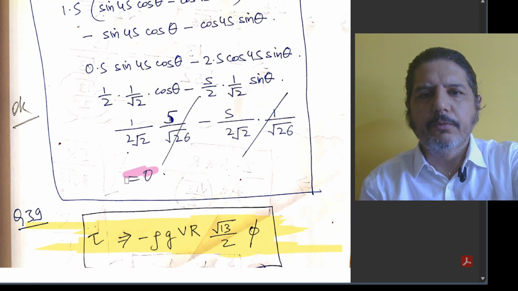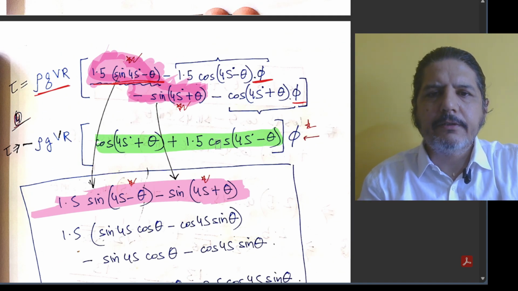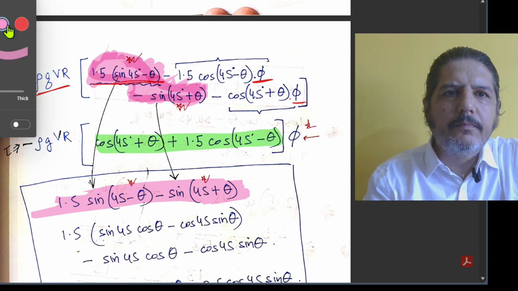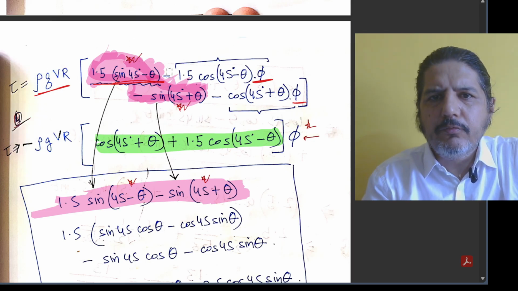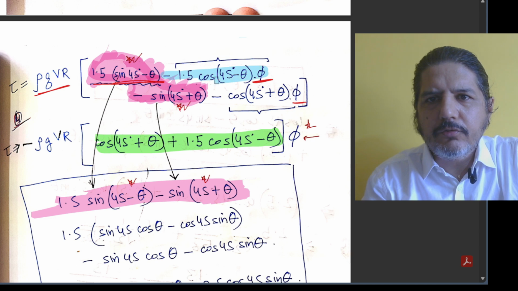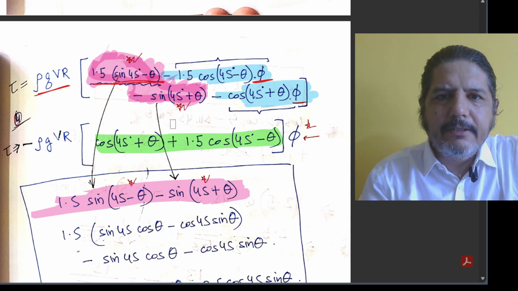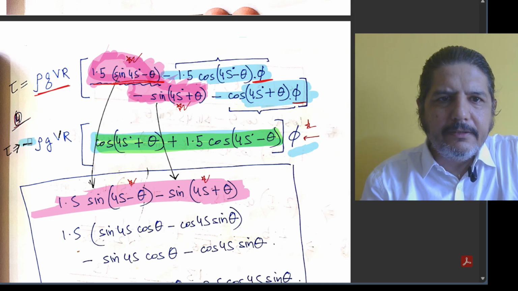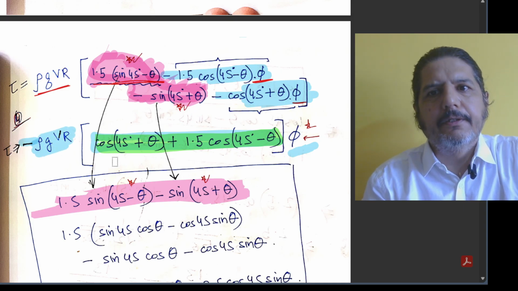This part is equal to 0. So I just have to focus on this part, minus cos 45 minus theta phi minus cos this. And if you look at this, the phi is being taken out. This part is there, and there is a minus here, and rho g VR is there.